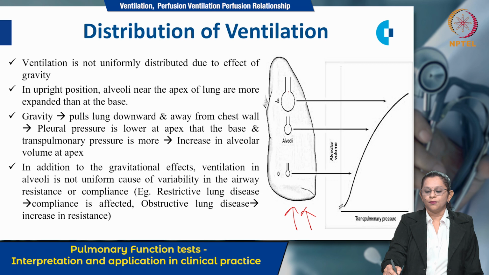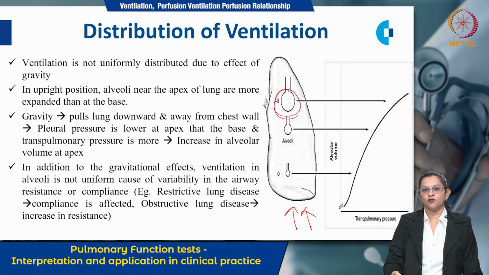So, what happens? The pleural pressure here increases as well as the intraalveolar pressure increases. When the intraalveolar pressure increases, the alveoli expand to a bigger size, and there is entry of more air into the alveoli.